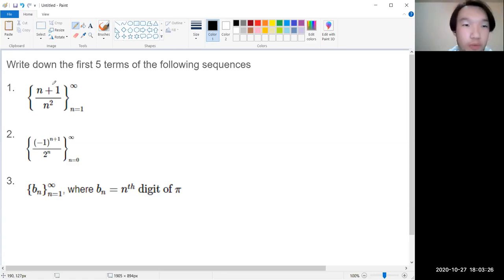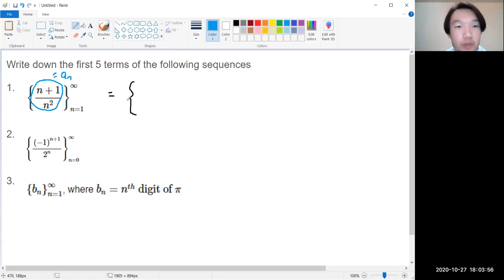All right, so the first one says n plus 1 over n squared is your formula for the nth term. The index starts at 1 and you have an infinite amount of terms, but we're only listing the first 5, so it doesn't matter. So this right here is basically a of n.